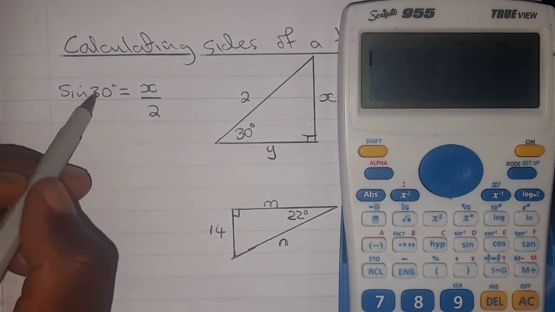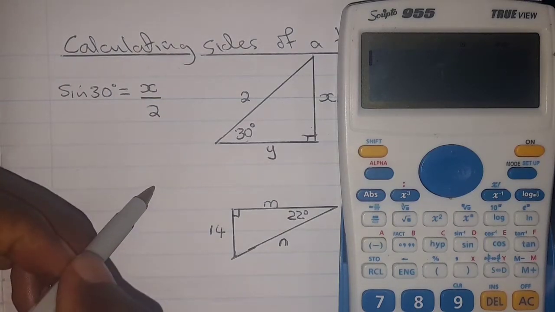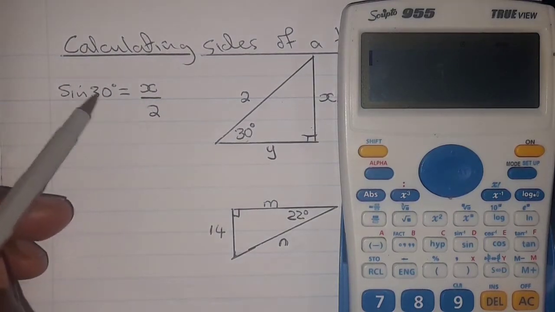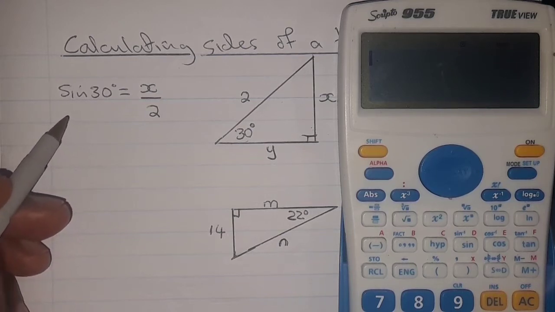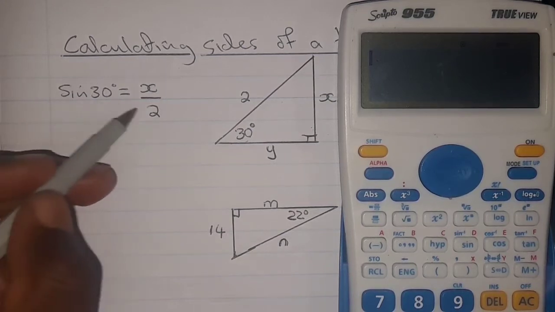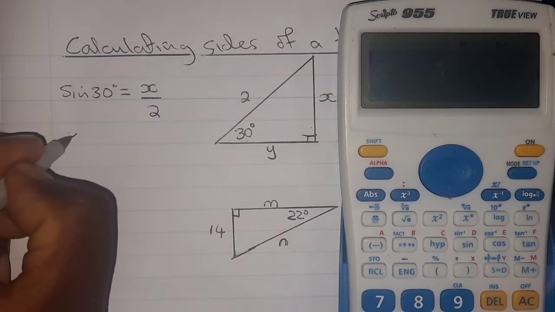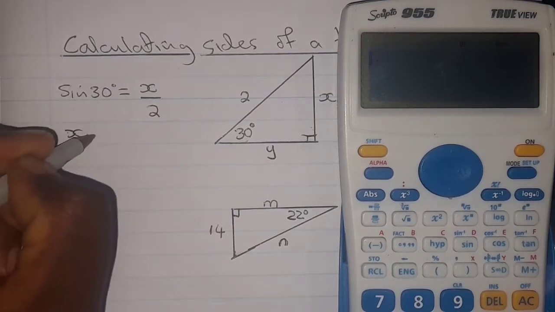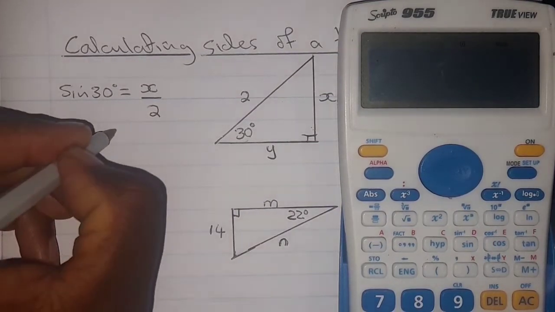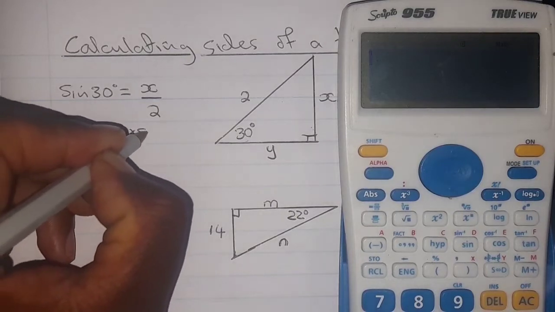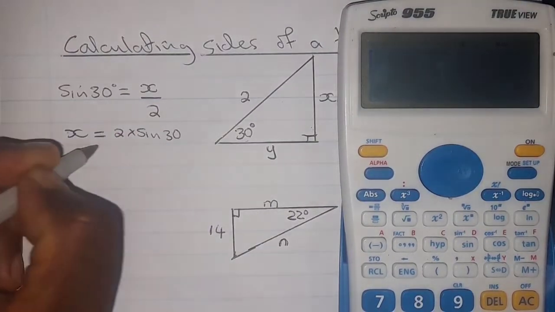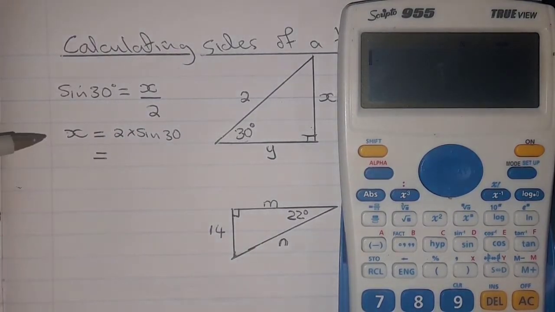So to get x, you need to take 2 to the other side. We do that by multiplying both sides by 2. So we are going to get that x is equal to 2 multiplied by sine 30. Now, on our calculator, we have our trig ratios here.